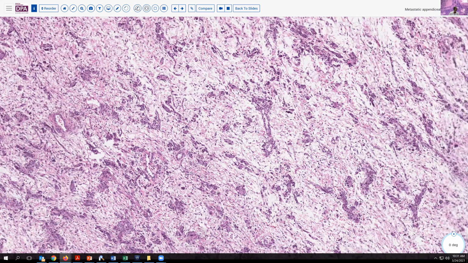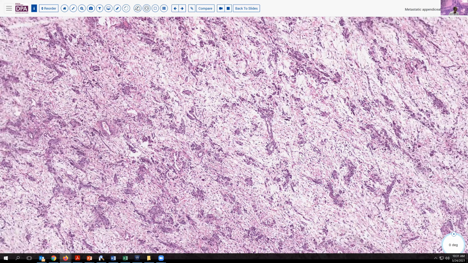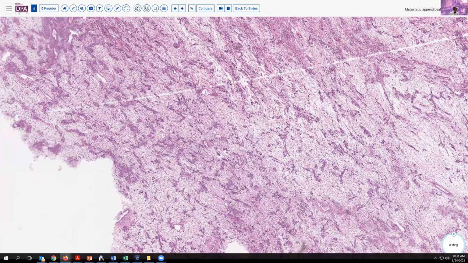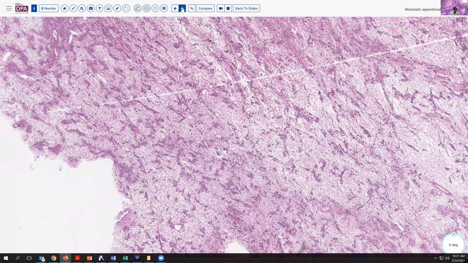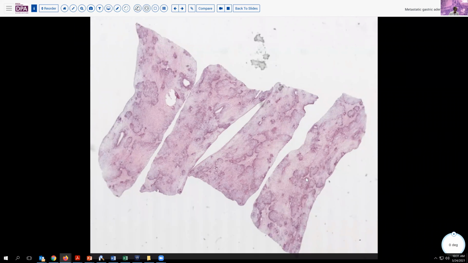The interspersed tissue can be variably edematous, fibrotic, or even mucinous appearing in some circumstances. And we'll look at that in this example. Here's another case with, again, this lobulated nested pattern with this peculiar peripheral accentuation around these nests.